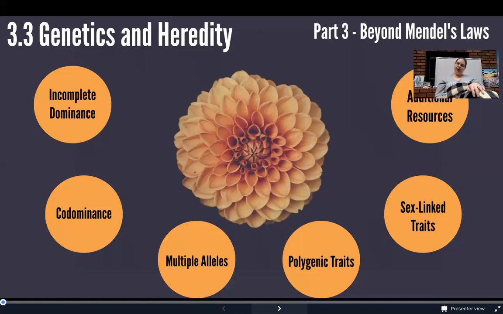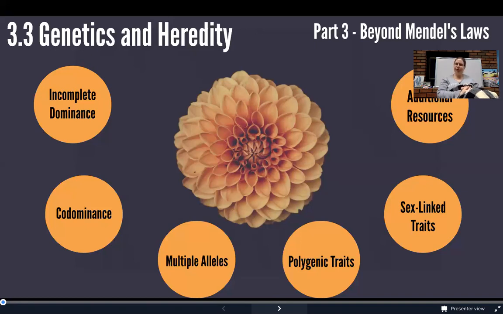But in terms of what he studied, he was looking at an organism, the pea plants, and the thing about them is they have very simple modes of inheritance. They generally only have two alleles, two versions of the gene, and it's either dominant or recessive alleles.